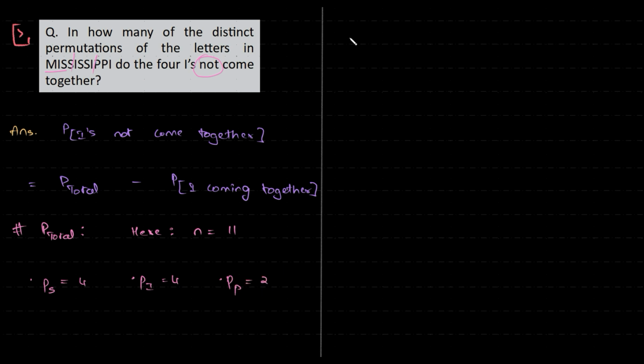So for this scenario, we have the formula n factorial divided by p1 factorial up to pk factorial. So this is 11 factorial divided by 4 factorial, 4 factorial, 2 factorial.